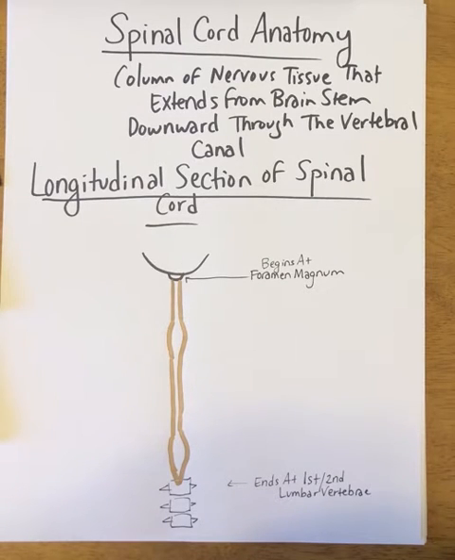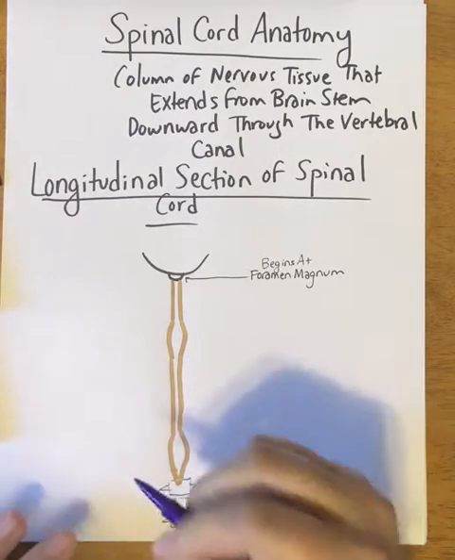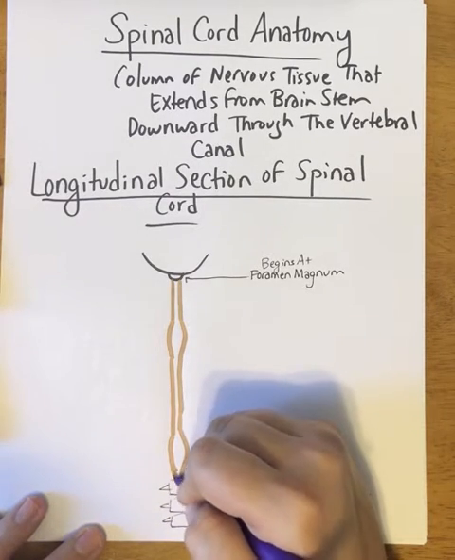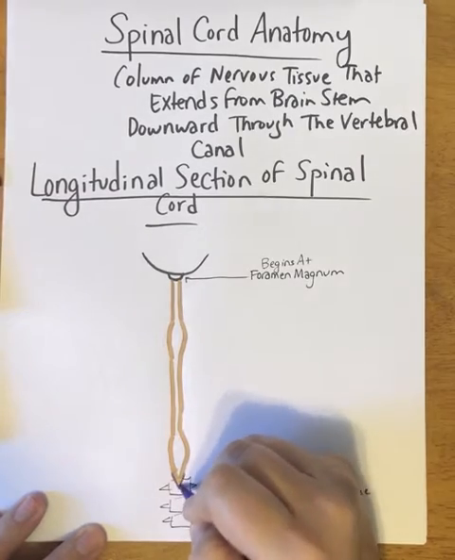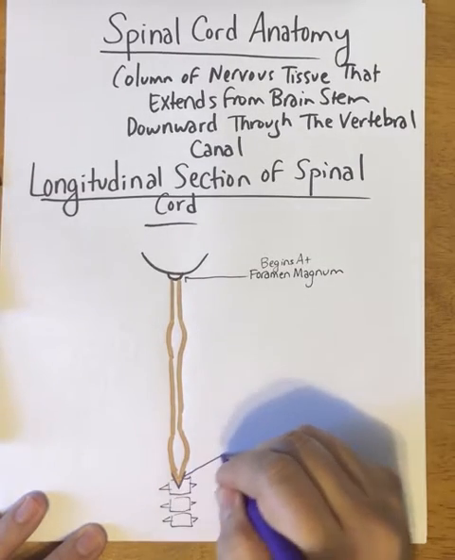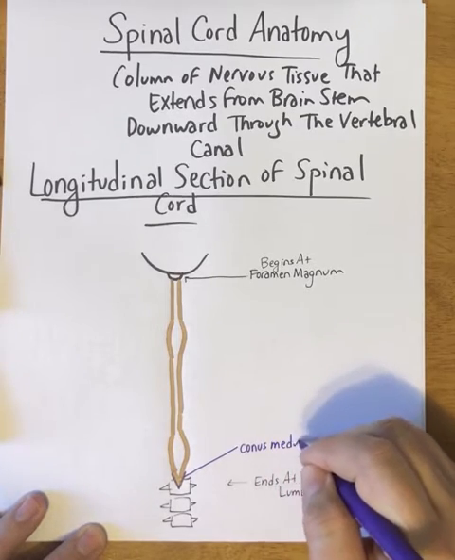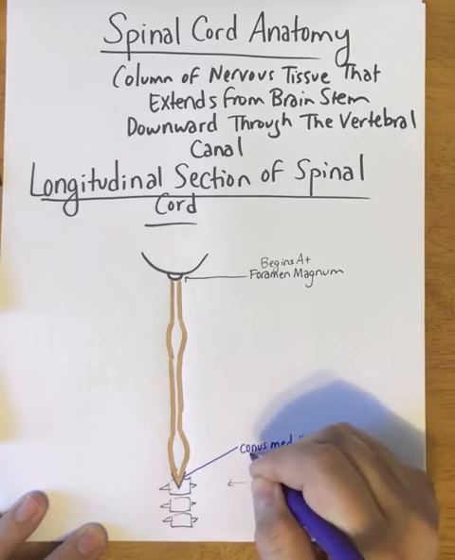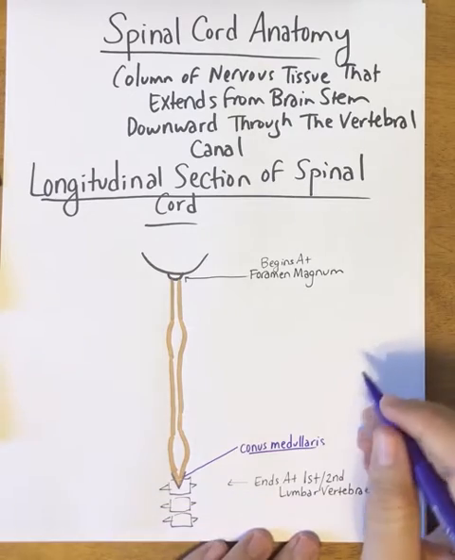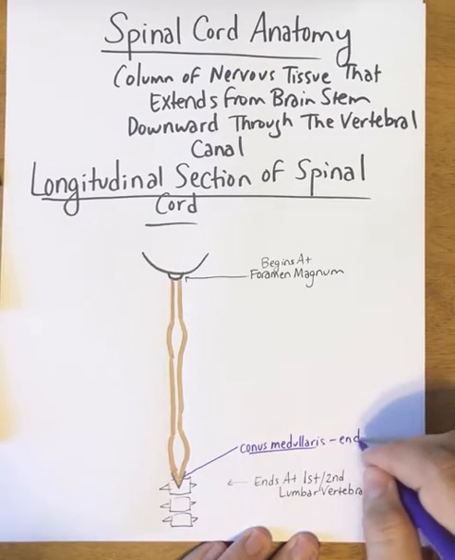So we call it the conus medullaris. So the very end of the spinal cord is right here, and it makes a cone shape. So we call this the conus medullaris. This is the very end of the spinal cord.